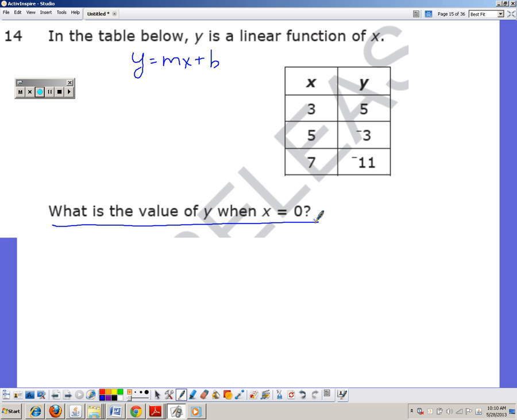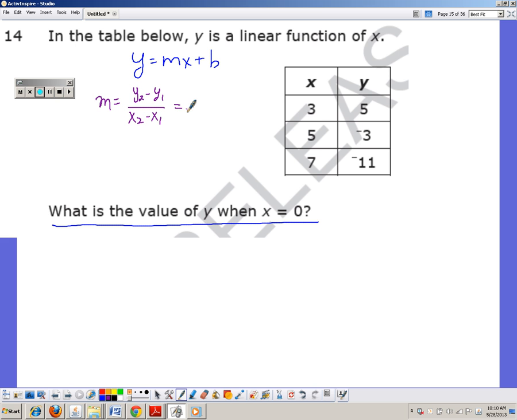First step, find your slope. So we only need 2 points for slope. Okay? Slope formula, y2 minus y1 over x2 minus x1. So I'm just going to do the first 2 points.